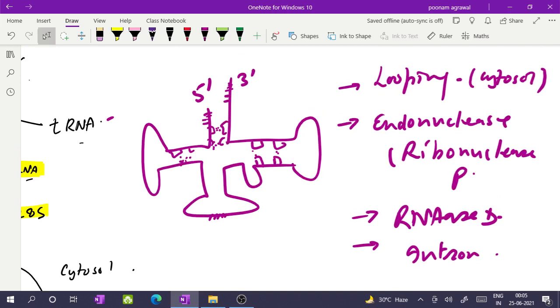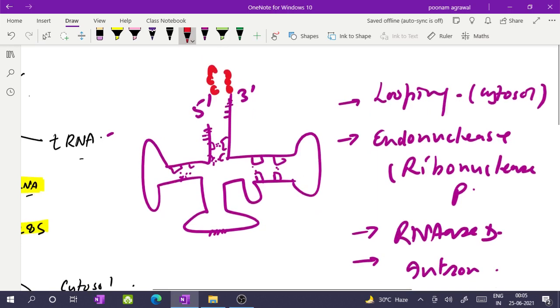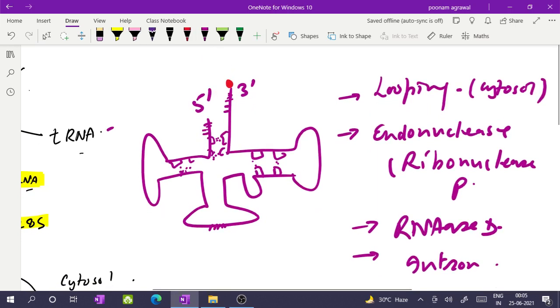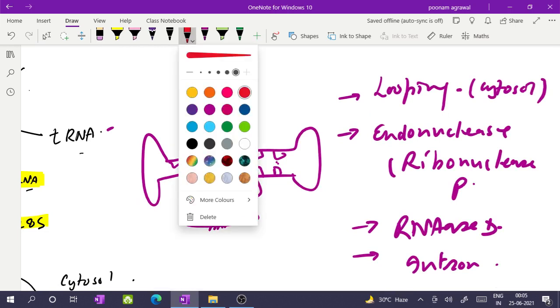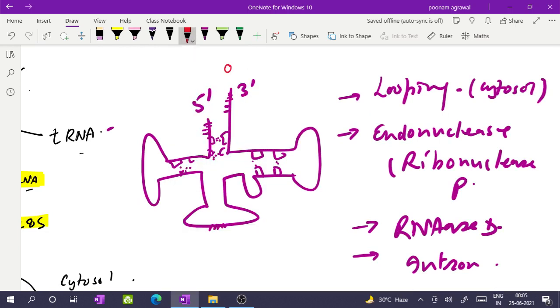And last but not least, you must understand that we have the addition of the CCA terminal at the 3' end. CCA is nothing but a sequence of nucleotides which is getting attached at the 3' end. We write it like this: ACC from the 3' end to the 5' end, or you may call it the CCA terminal from the 5' end to the 3' end.